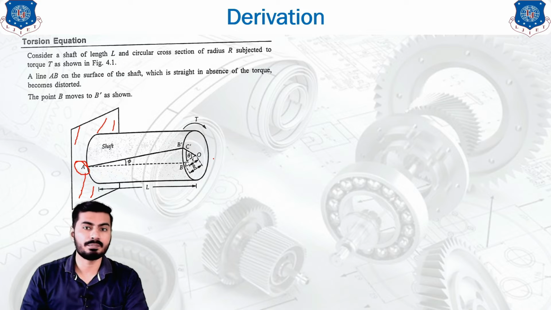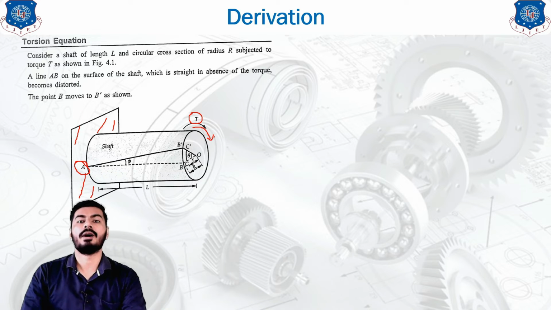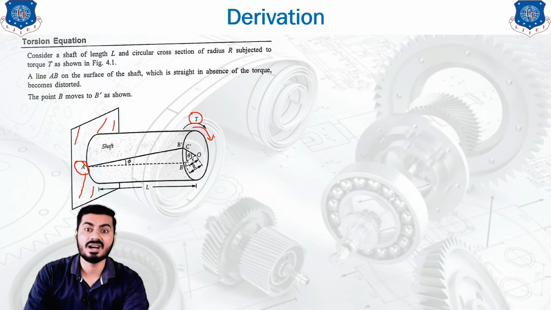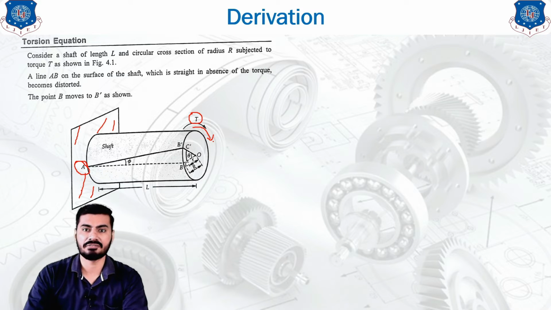We have not provided any restriction at the other end, it is free, and now we provide a twisting moment of amount T, in the clockwise direction, at the free end, not at the fixed end. Okay, so we have considered a twisting moment at the free end, and the other end is fixed. Now we have considered the length of the shaft as L.